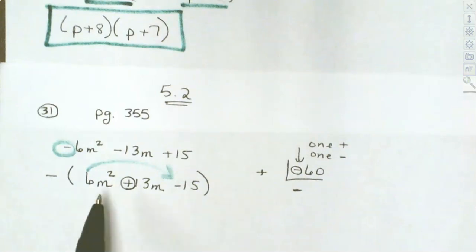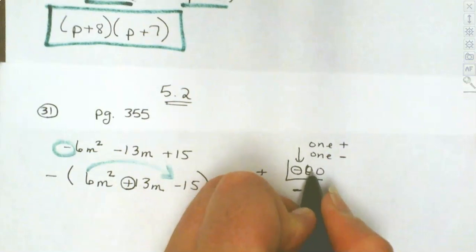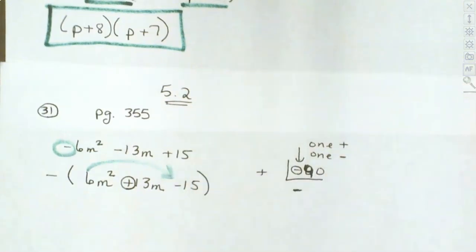Oh, did I multiply wrong here? Sorry about that. My mistake there. Yep, so it'd be a negative 90. Okay, so now we need two numbers that multiply together to give us negative 90. And that means one number is positive, one number is negative.